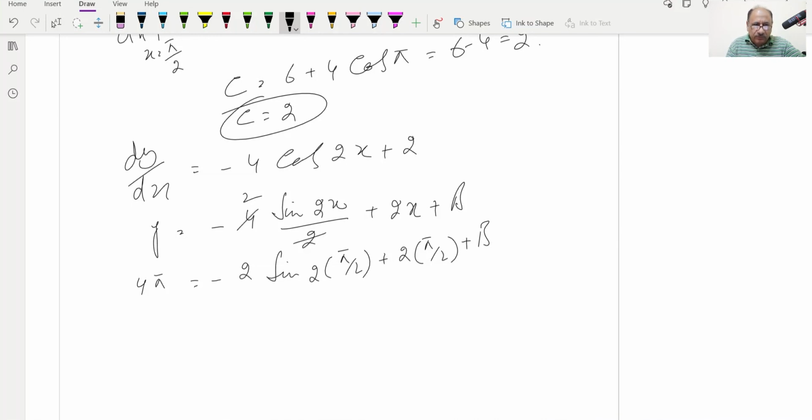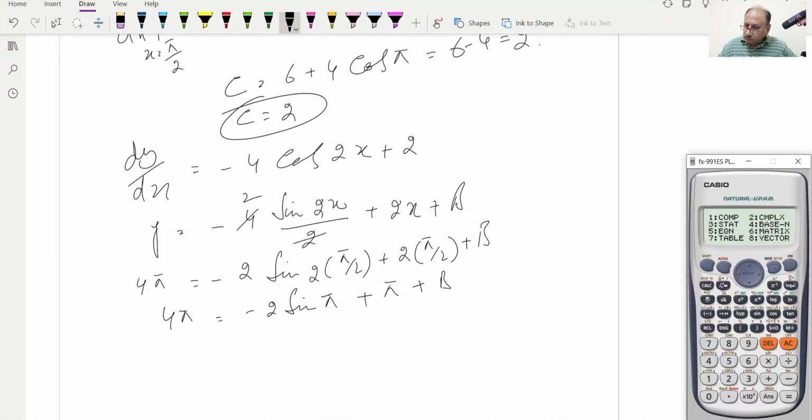Now we can simplify. We can write 4 pi is equal to minus 2 sine of pi plus pi plus b. So what is sine of pi?